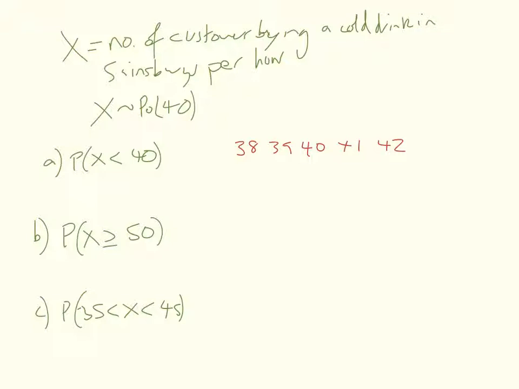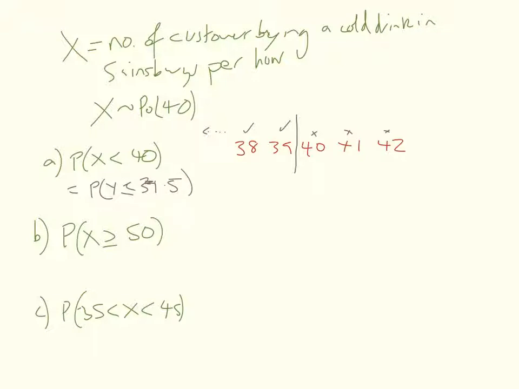We know that we need to find that X is less than or equal to 40. So the numbers that we want are 39, 38, and all of those numbers in that direction. We don't want those ones. So the line that we're going to draw is there, and so that is the same as the probability that, let's say, Y, which has a normal distribution, is less than or equal to 39.5.